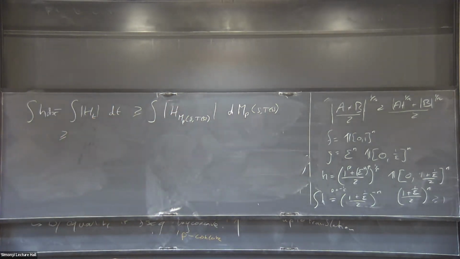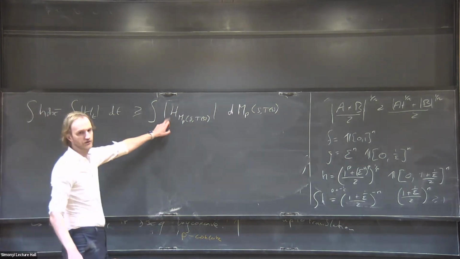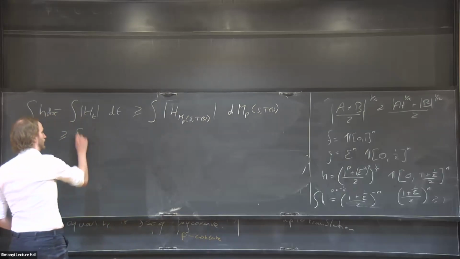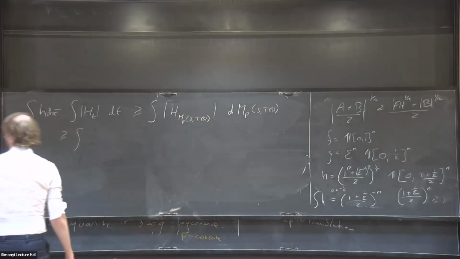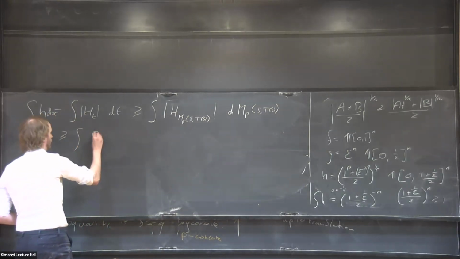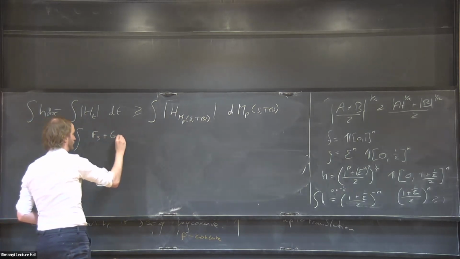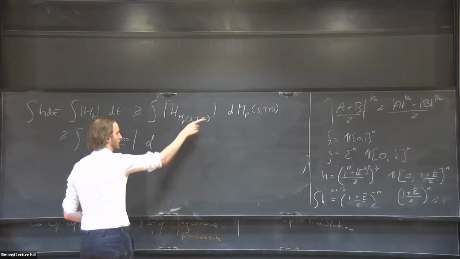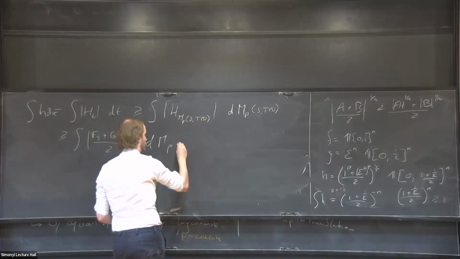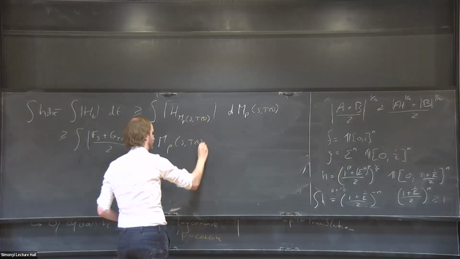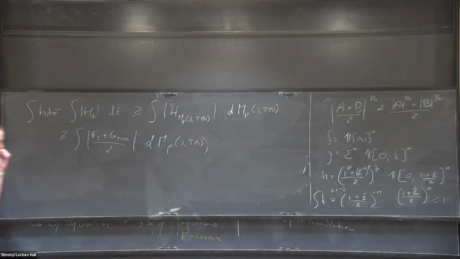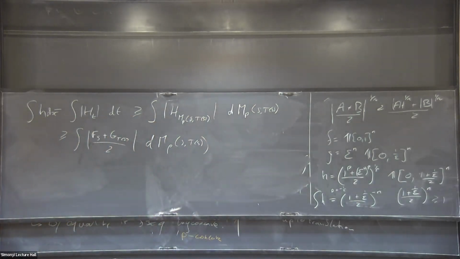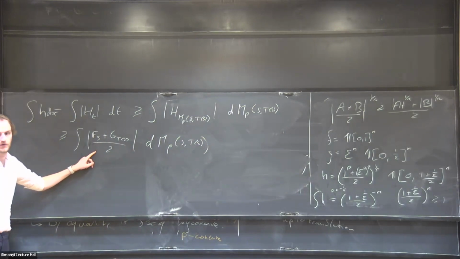And now I can use my lower bound, the fact that I have some subset of this, to say that I know that this contains f of s plus g of T of s over 2. I know something about this because I know Brunn-Minkowski.